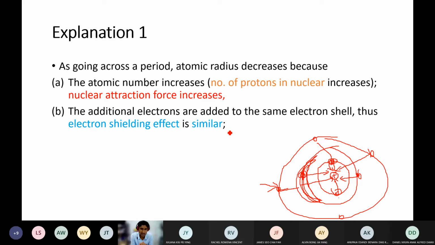And the higher the shielding, the easier it is for an electron to be removed from the atomic structure.